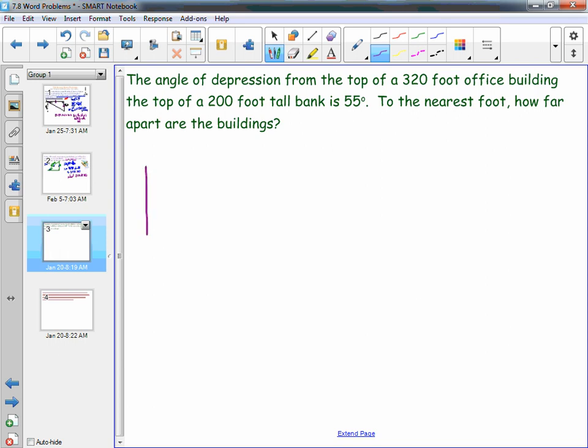So this one's slightly different in that we have an office building that's 320 feet, and we have another building here that is 200 feet. And we are looking at this triangle here.